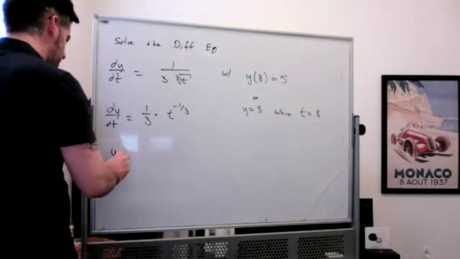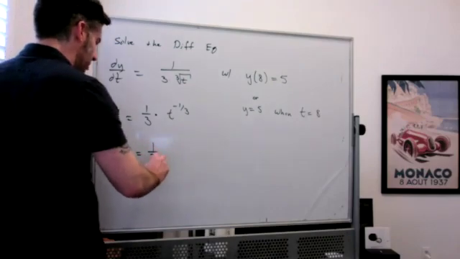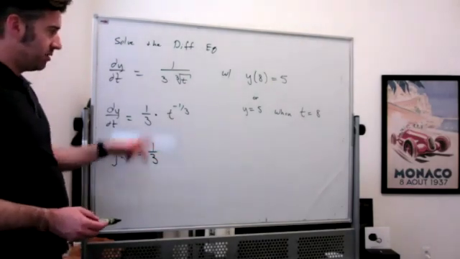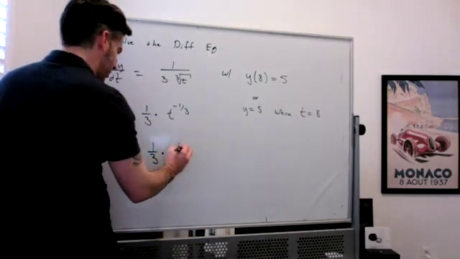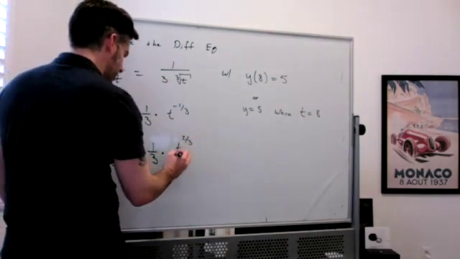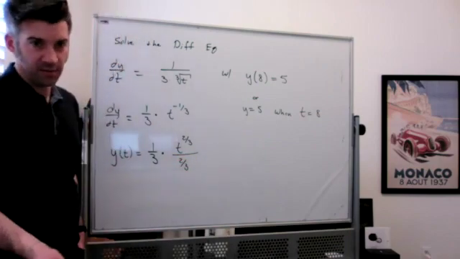So my function y as a function of t is going to be, the constant multiple hangs out. The antiderivative of this is going to be, let's see, I have to add 1 to the power. It's t to the 2/3 divided by 2/3. I guess I could have flipped and multiplied, but I didn't.